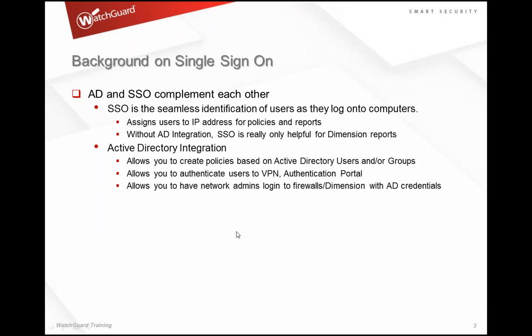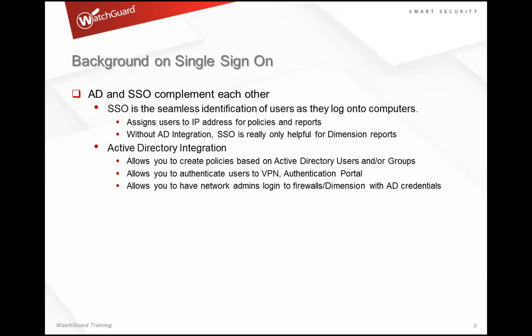Now again, just to recap, and my apologies if you were here last time and this is a review for you, the Active Directory integration allows you to create policies based on those Active Directory users and groups. It also allows you to authenticate those users to VPN, whether it's the SSL VPN or IPsec, and as well the authentication portal.